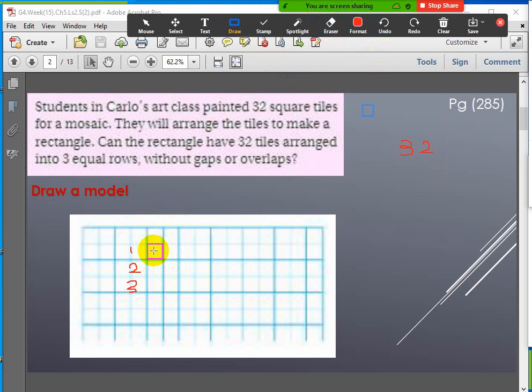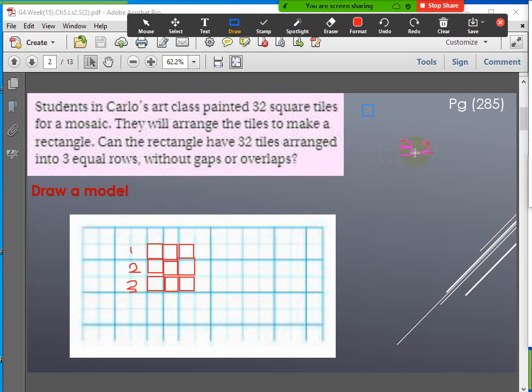I will put the first one in the first row. 1, 2, 3, 4, 5, 6, 7, 8, 9. Do you remember the remainder? The same idea. I will arrange three equal rows. So here I have 9.